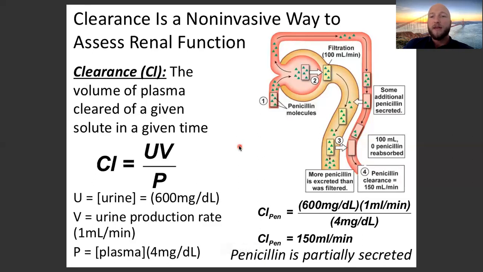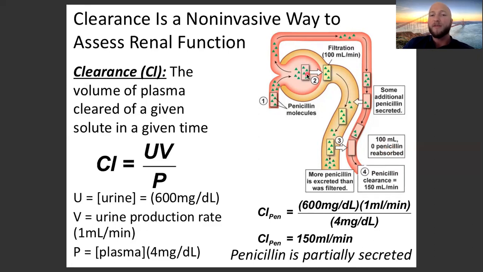Now let's look at penicillin. Penicillin is filtered out. It leaves the glomerulus, goes into the renal tubule system. It does not get reabsorbed, 0 reabsorption, and additional penicillin gets secreted out into the renal tubule system.